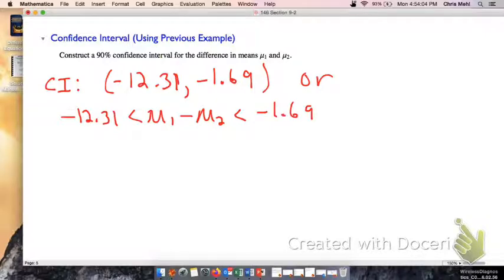And remember, mu sub 1 is from Mr. Smith's class. Let me rewrite that. And mu sub 2 is from Mrs. Jones' class.